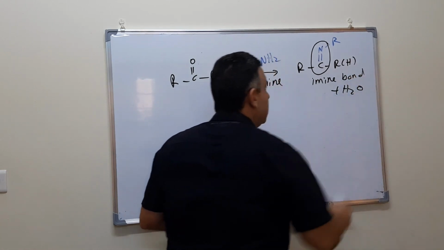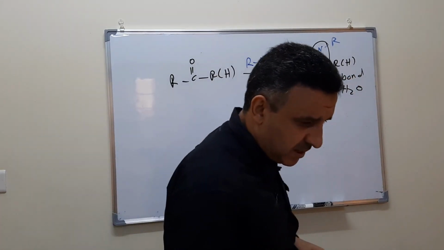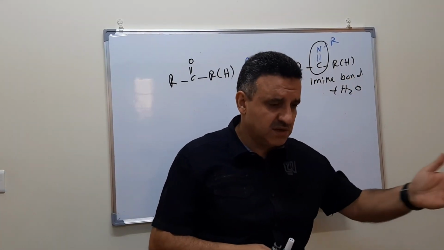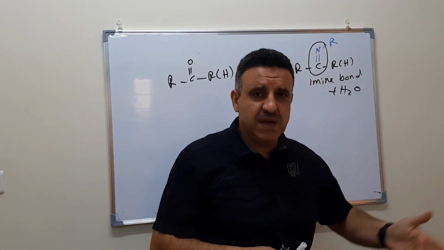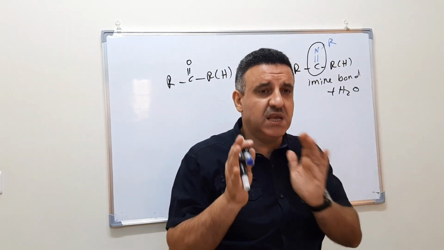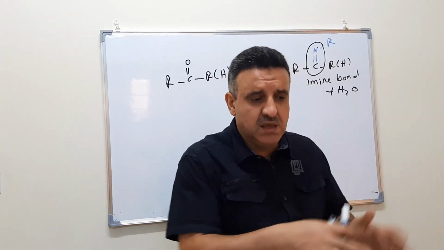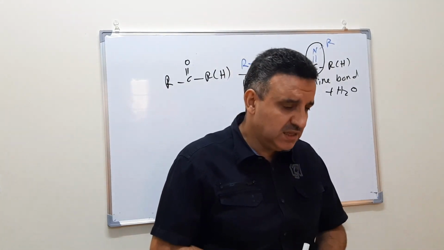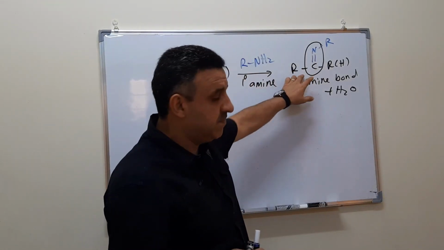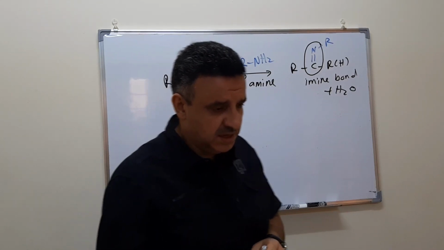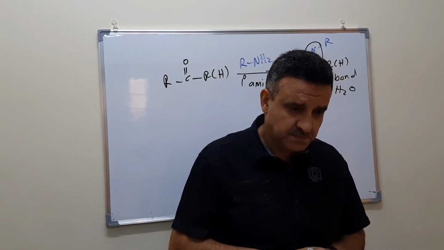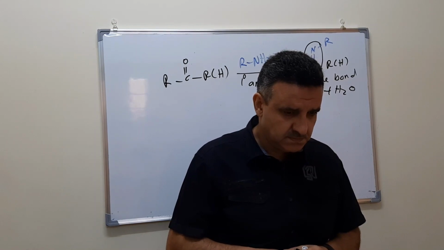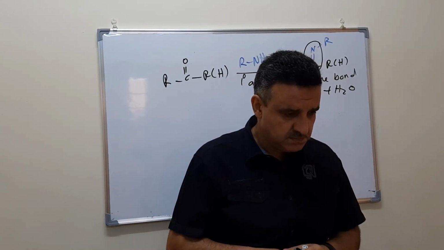It's not amine, we call it imine bond. It's a very straightforward reaction. Any primary amine, in other words, any NH2 attached to anything, when it reacts with aldehyde or ketone, will form the imine bond. Clear? Is that clear?